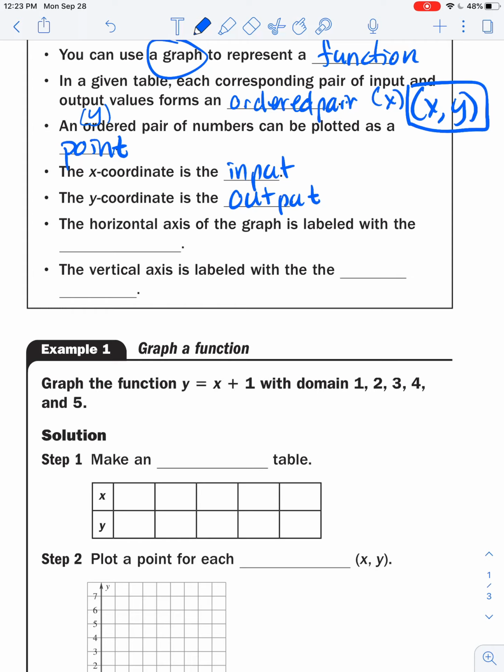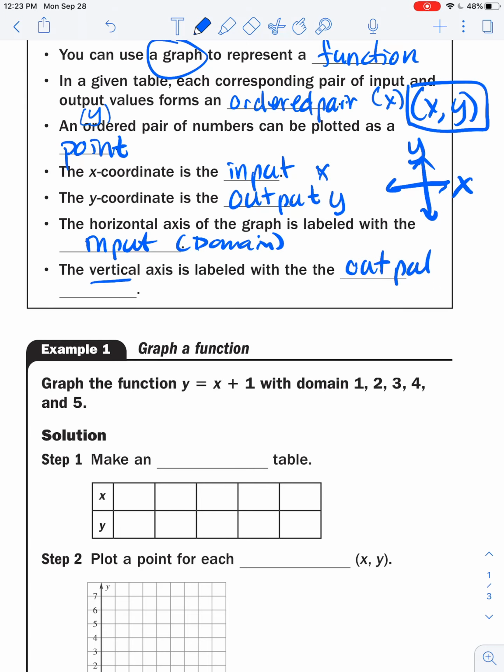So this is just taking that new function language and going back to something we already know how to do, which is plotting the X and then the Y. The horizontal axis of the graph is labeled with the X. You guys know that when you have a graph, the horizontal one is X and the vertical one is Y. So the horizontal axis is labeled with the input, what we've been calling our domain values. And the vertical axis, the up and down, is our Y, so that's going to be labeled with the output or the range.